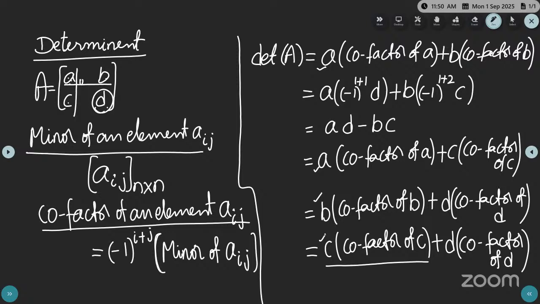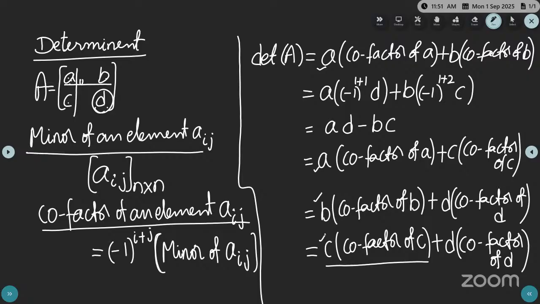The determinant of any square matrix is the sum of products of any row or column elements with its corresponding cofactors.